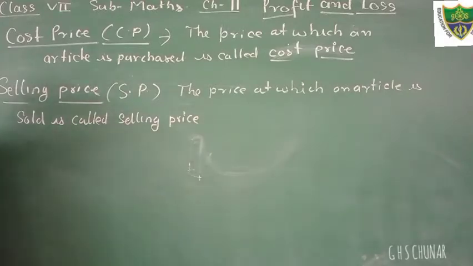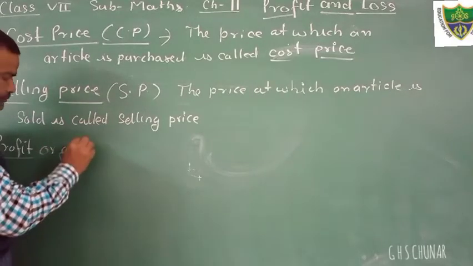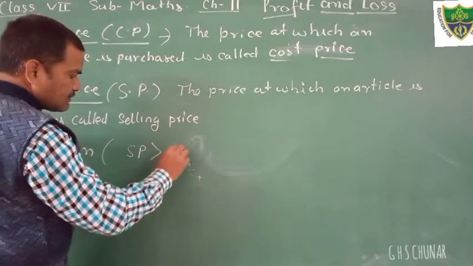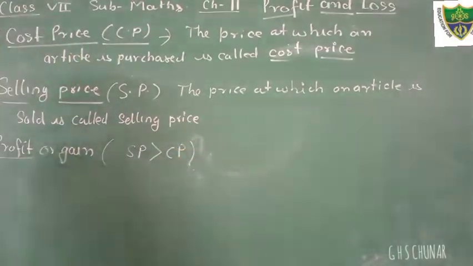So, profit or gain: when SP is more than CP, you get the profit or gain.